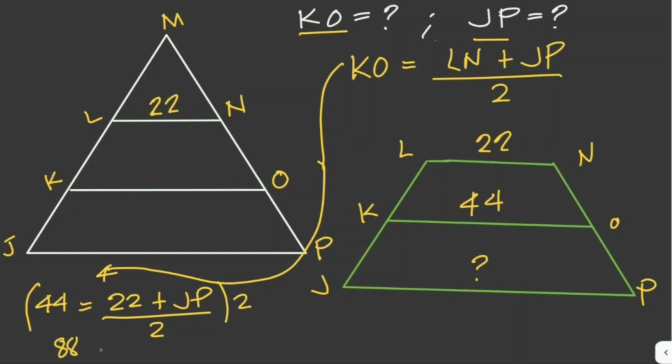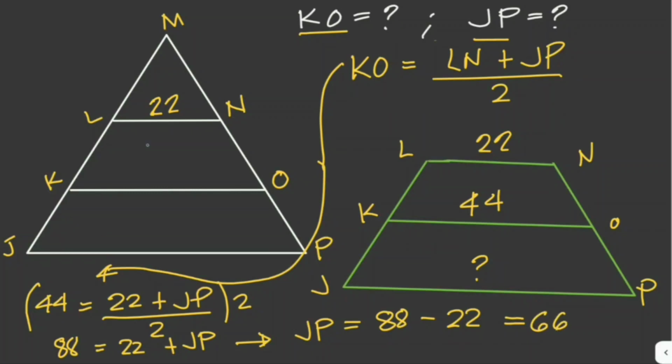We have 88 equals 22 plus JP. And now JP is just equal to 88 minus 22, which is just equal to 66. So KO is equal to 44 and JP is equal to 66.